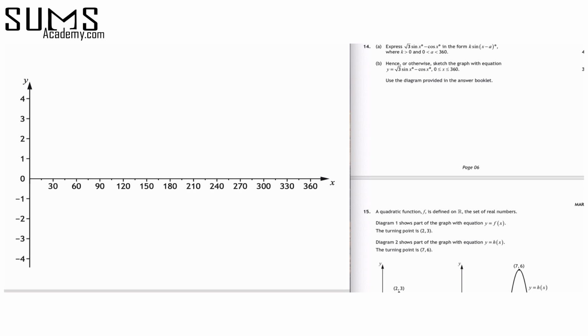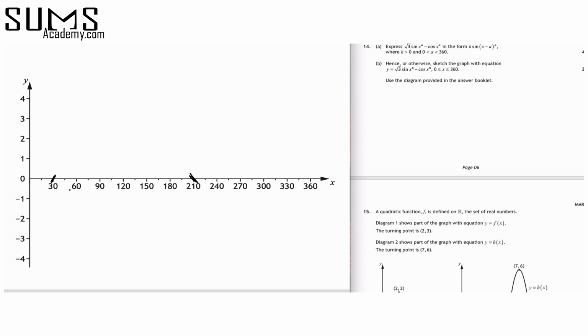First of all, start with the easier ones. If it's been shifted along 30, instead of starting at 0, it's going to cross the x-axis at 30. And instead of crossing back at 180, it's going to cross back at 210, like there.